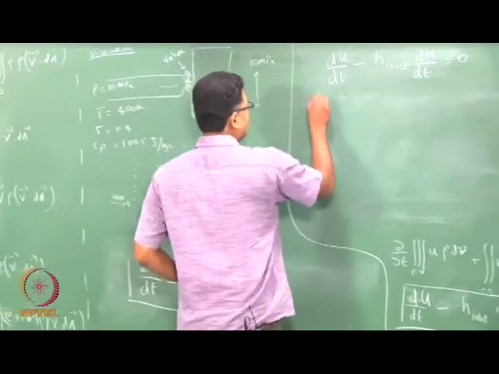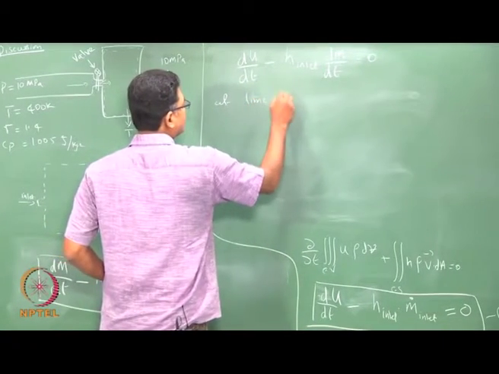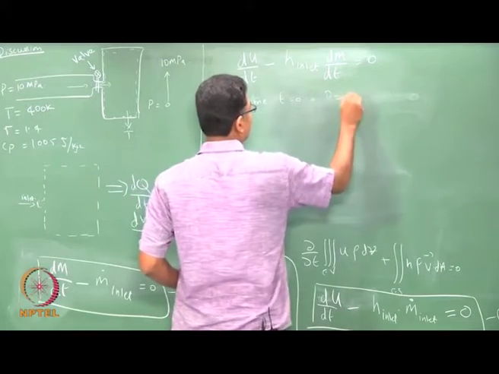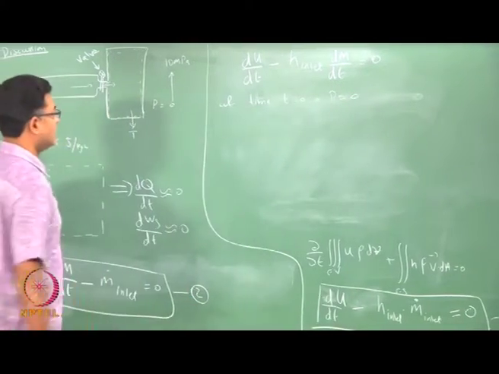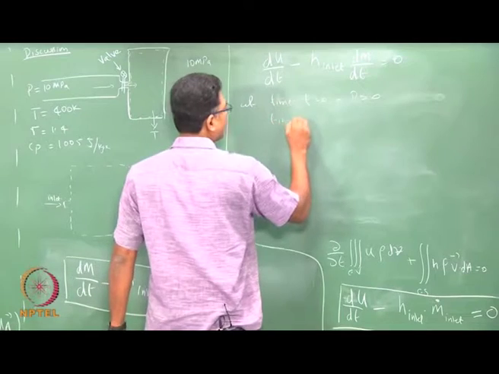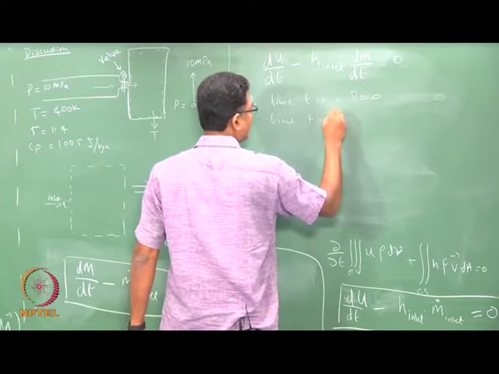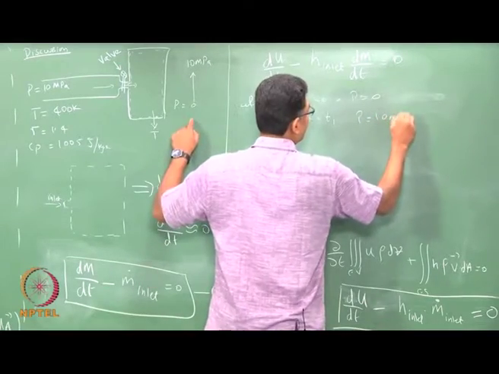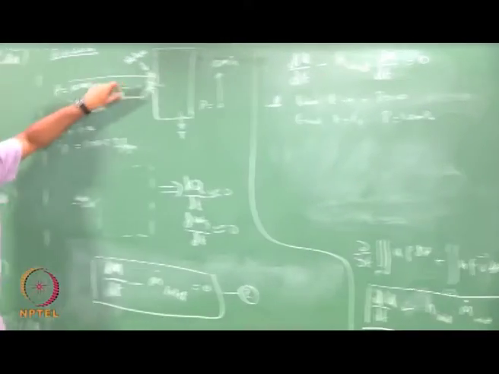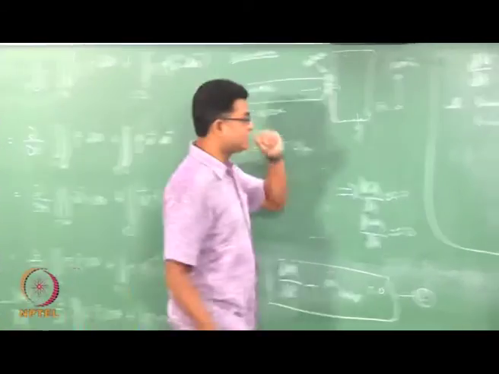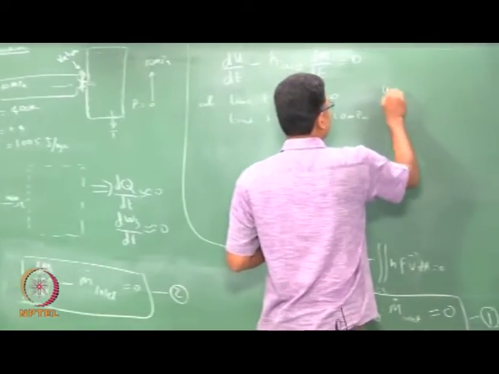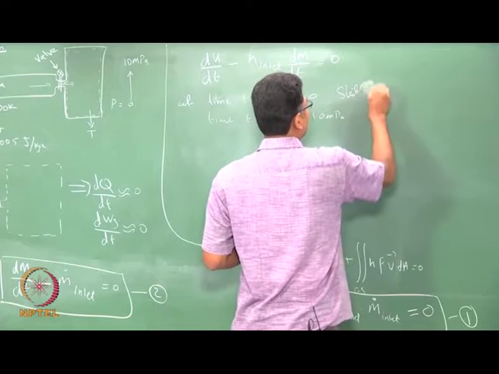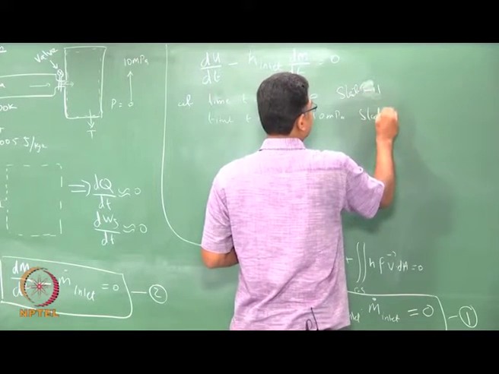Now, at time t equals 0, your pressure is P0. At time t equals some T1, your pressure is 10 megapascal, at which time the valve closes. Okay. So, it is from state 1 to state 2.